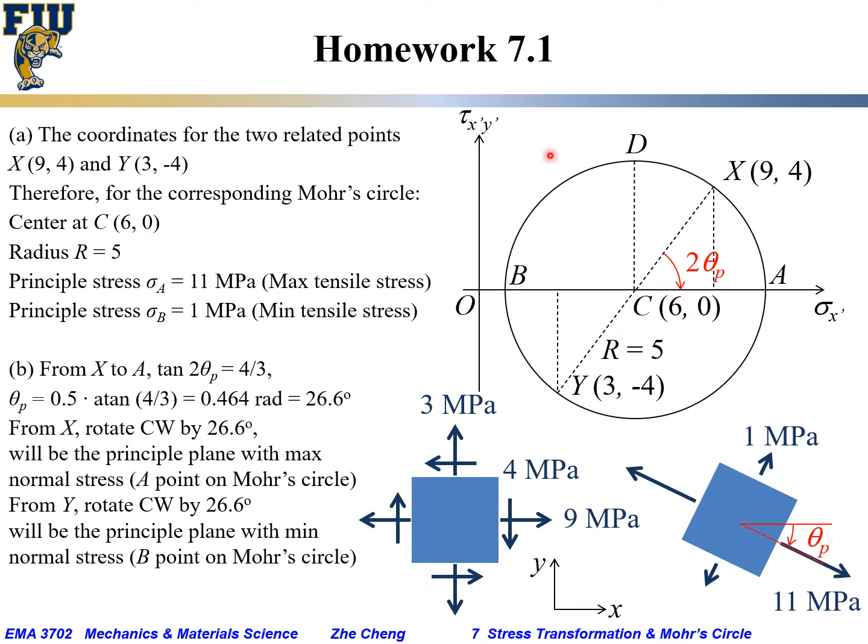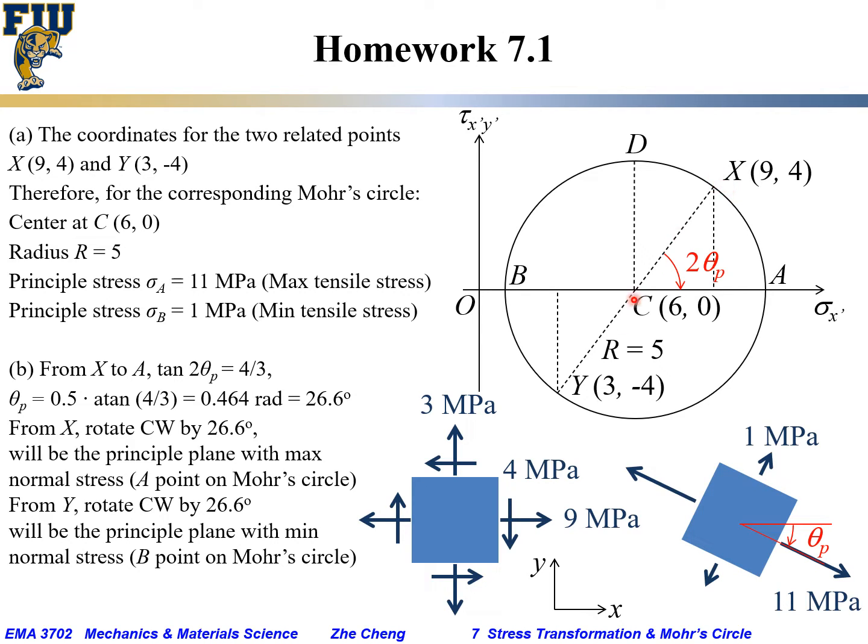The first one is capital X, corresponding to the horizontal x-axis. We know 9 is the first coordinate, and the shearing stress of 4 is trying to rotate this block clockwise, based on the convention for Mohr circle, so we call it positive 4. So 9, 4 is the coordinate of the first point, capital X, on the Mohr circle.